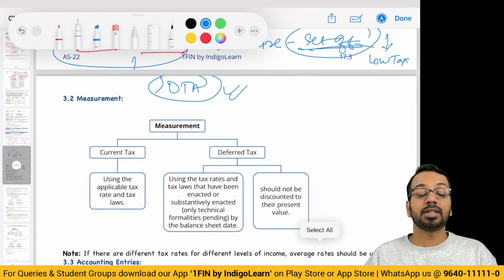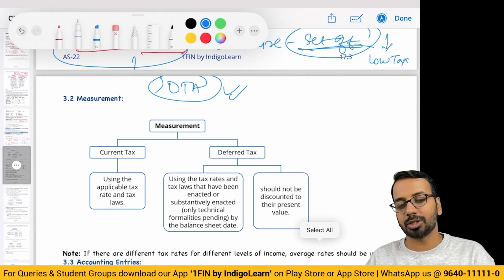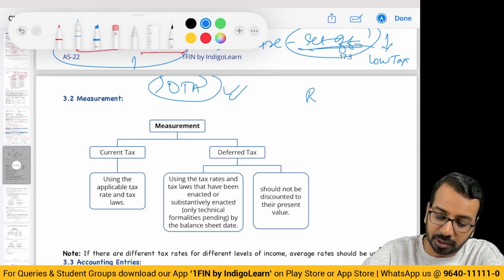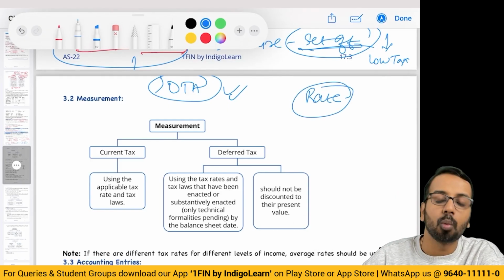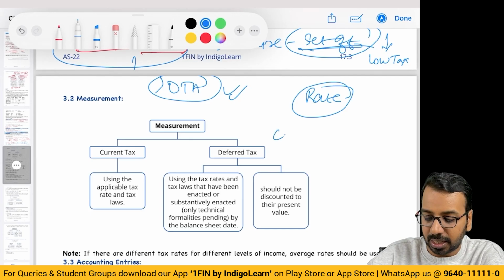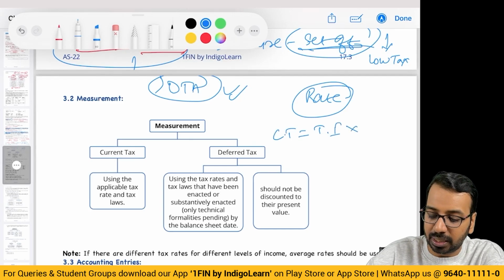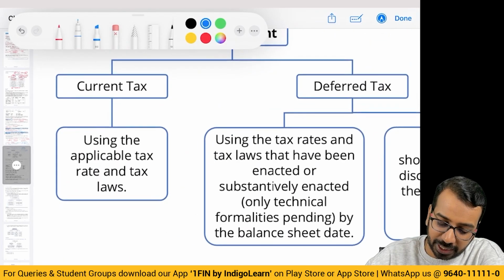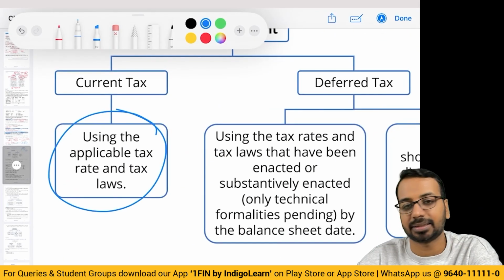Now, we have seen the concept of current tax and the concept of deferred tax. Subsequently, when you have to calculate the amount, what is the rate required? Current tax is equal to taxable income multiplied by the tax rate. What is the rate to be taken? For current taxation, you will take the applicable rate in taxes.